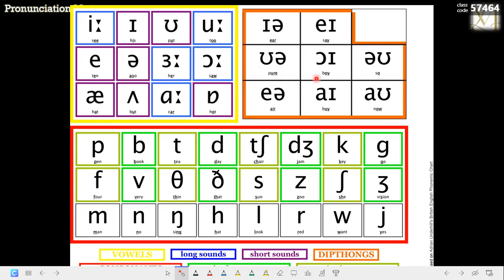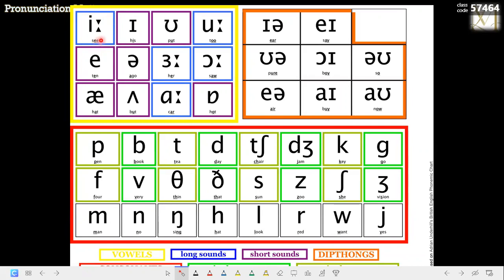In order to distinguish between vowels, we use colors to explain the short vowel and the long vowel. So you can see the vowel in a square, and the color of the square is blue.